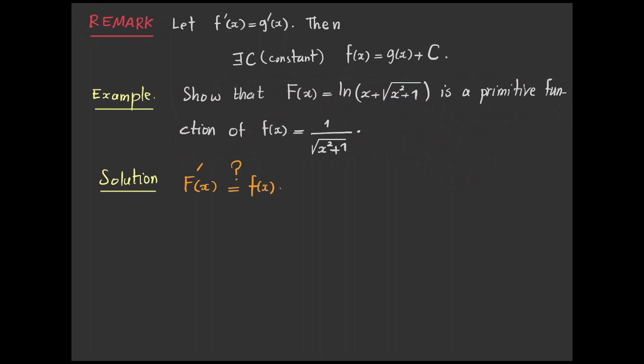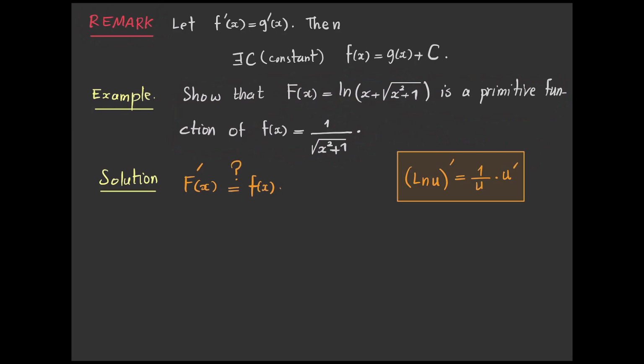Chain rule? Yes, chain rule, but which formula? Combined with the derivative of ln formula. So you need to remember it, hopefully. Do you remember what it was? The derivative of ln of a function u, what is that? It is 1 over u, but multiplied by u prime. So this is the formula we had when I was teaching you the derivative of a logarithmic function. So I want to use that.